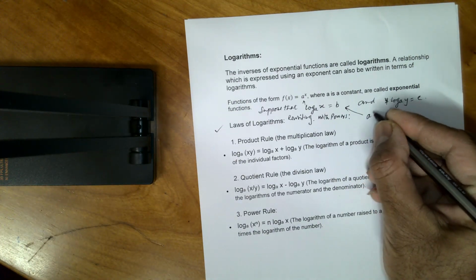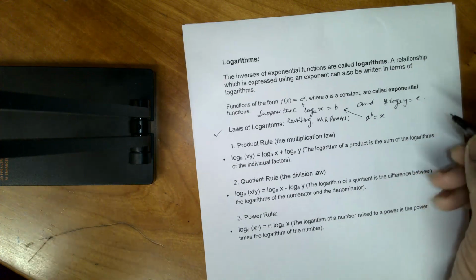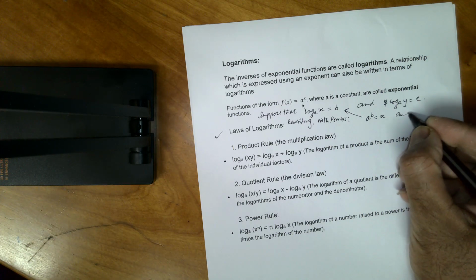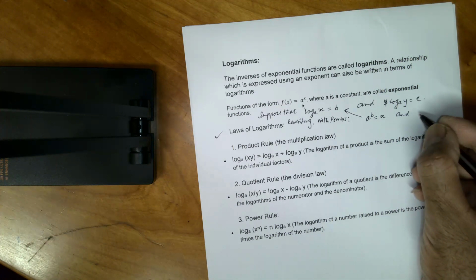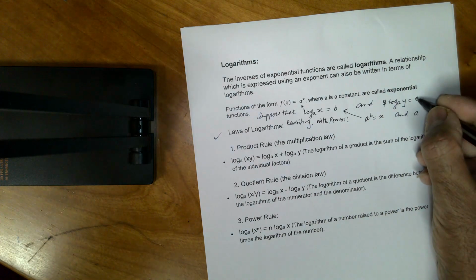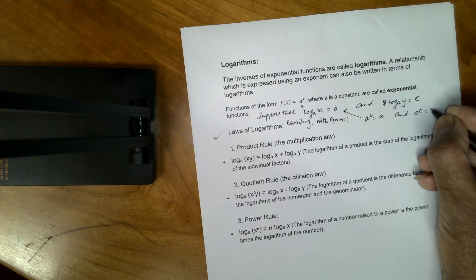That is a to the power b equal to x. So this is like the exponential form, and with this one you have a to the power c equal to y.